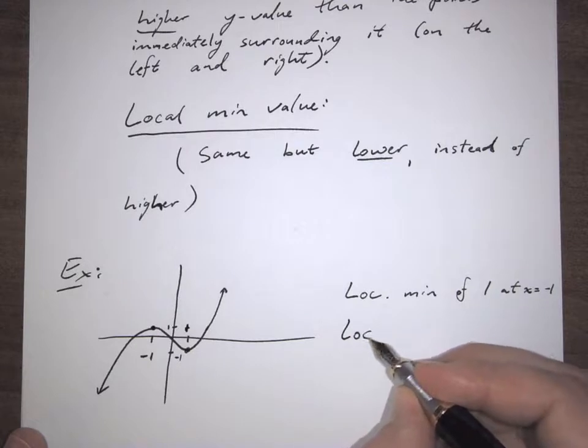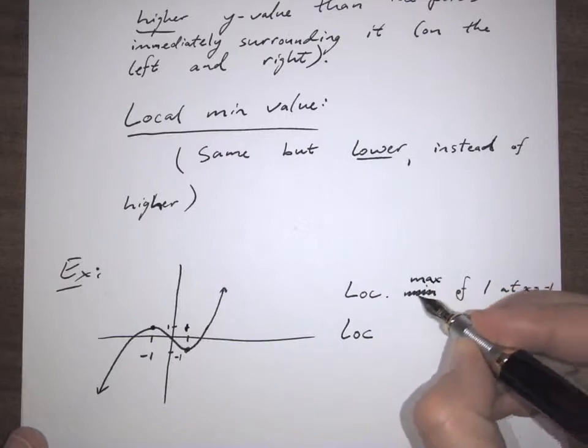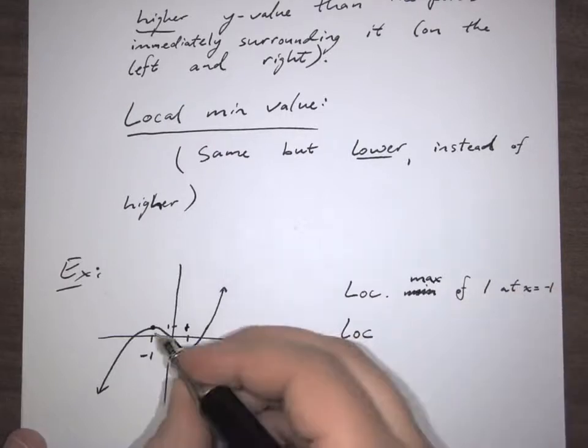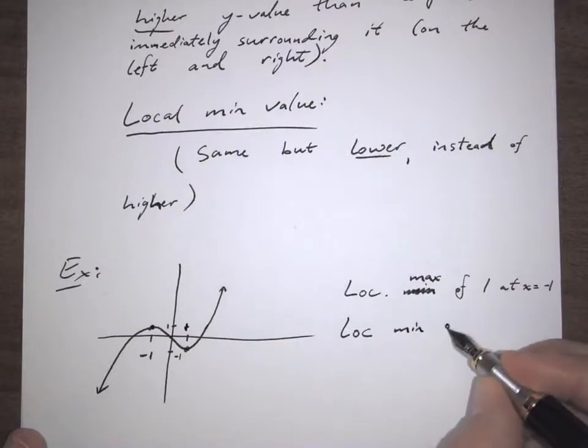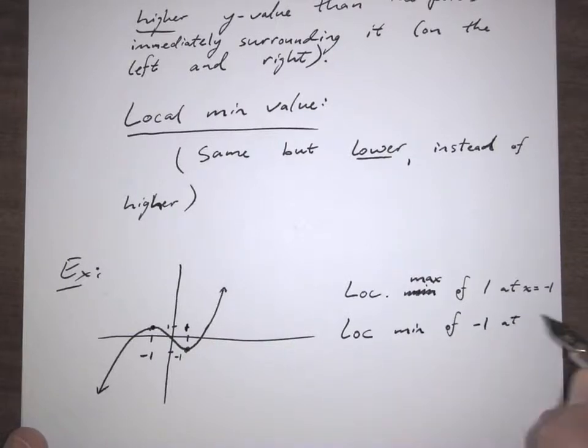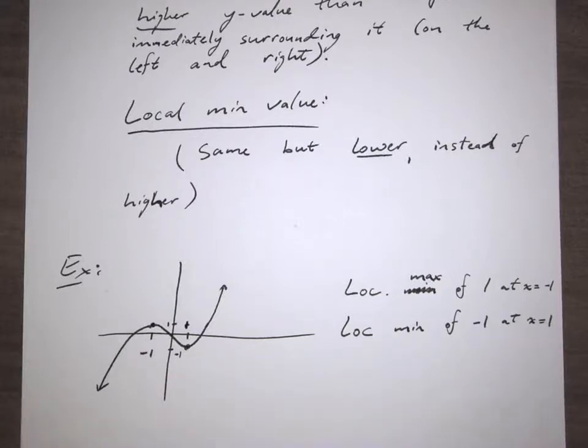And there's a local min of -1 at x equals +1. So these are the local extreme values. There's a local maximum, so it's locally a high point when x equals -1 and y equals 1, and a local minimum value over here when x equals +1 and y equals -1.